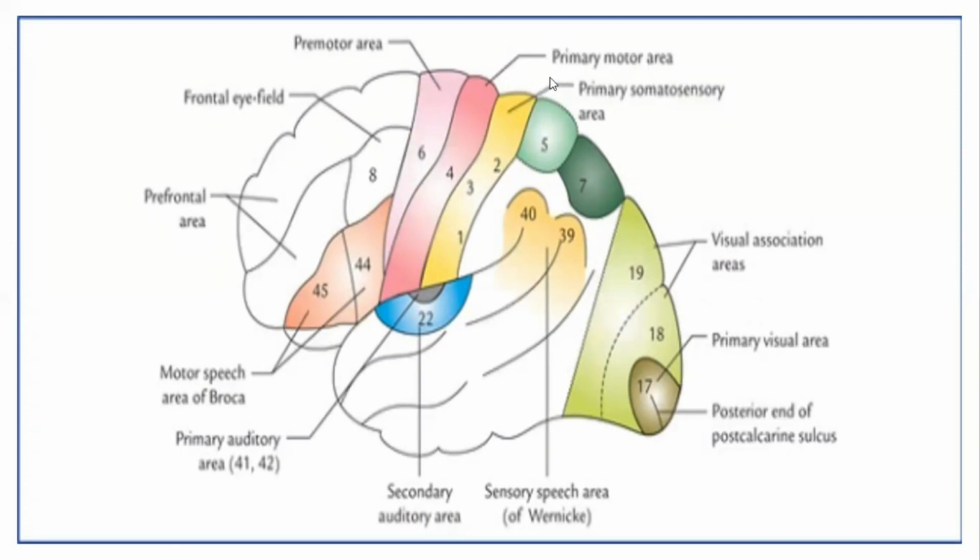We have the primary somatosensory area. And then we have the visual association area, primary visual area, secondary visual areas. Then we have Broca's motor speech area and Wernicke's sensory speech area, and primary and secondary auditory areas, and primary and secondary visual areas.